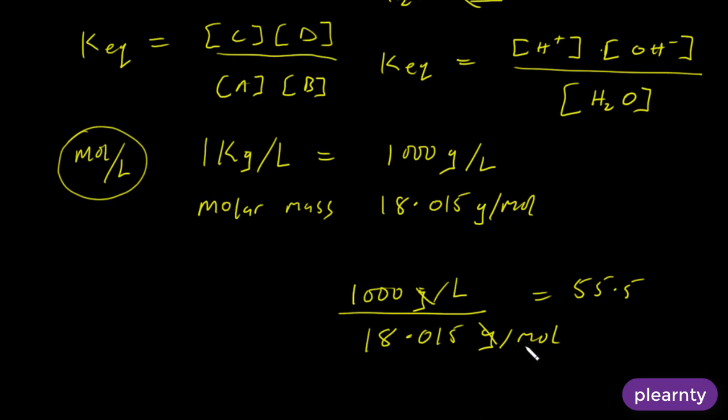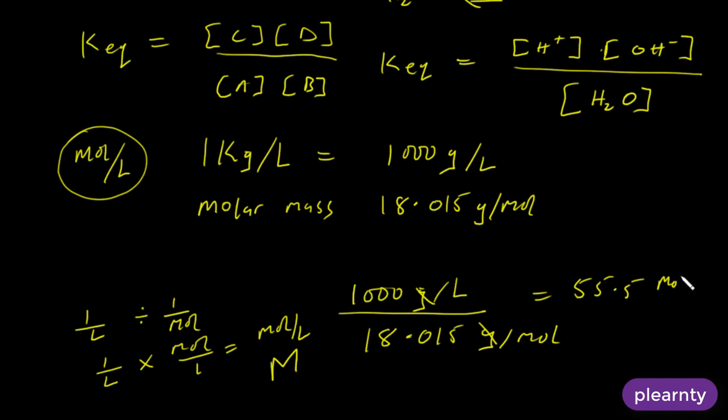But remember, this is a denominator which we can convert to 1 over liter, the numerator, divided by 1 over mole, which is same as saying 1 over liter multiplied by mole over 1, which is mole per liter, which is same as the molarity. So we have 55.5 mole per liter or molar.